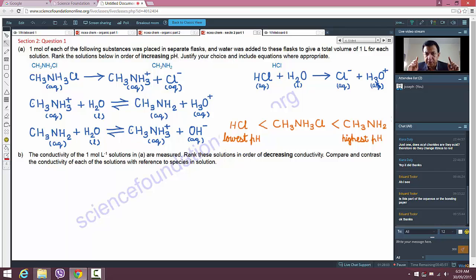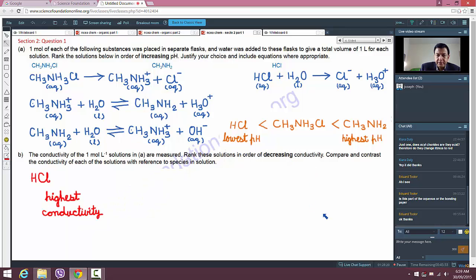So this one here ionizes completely, and from 1 mole of the stuff, you'll get 2 moles of ions. That will have the highest conductivity. So the highest conductivity is HCl. It fully dissociates, with each mole of HCl producing a total of 2 moles of ions. That's the highest electrical conductivity, which is what we are looking at in part B.